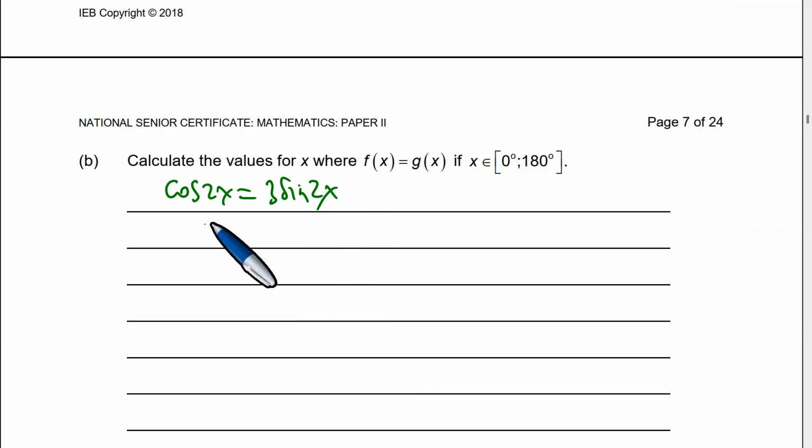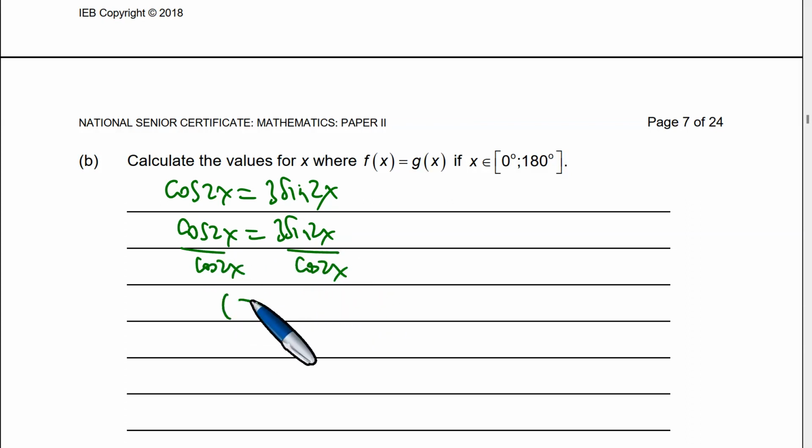You can set them equal: cosine 2x equals 3 sine 2x. You divide by cosine 2x, so 1 equals 3 tan 2x. Divide by 3, tan 2x equals 1 over 3.